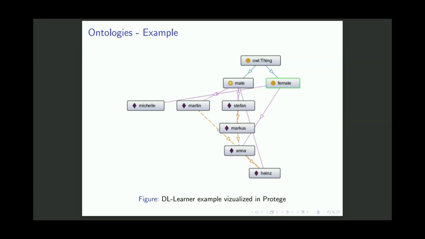You can also see between instances a dotted yellow arrow, which is the relation has child. So if we look at this, for example, Anna is the child of Martin, or Martin has a child Anna.